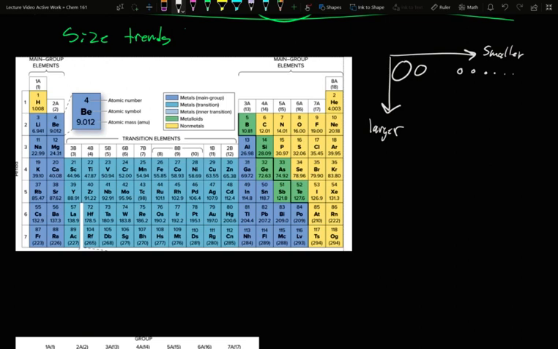As you go from left to right, your Z effective gets greater. If I have something with a +1, and there's an electron on the outside, it's attracted enough to pull in a little bit. But if I have a +2, that same electron is just more attracted. It gets a little bit closer. As you get a +3, that electron gets a little bit closer.